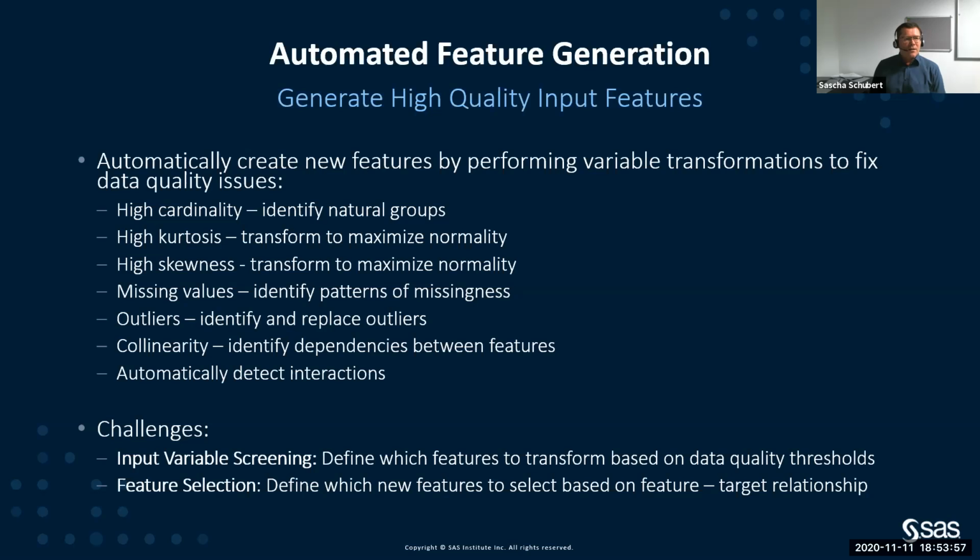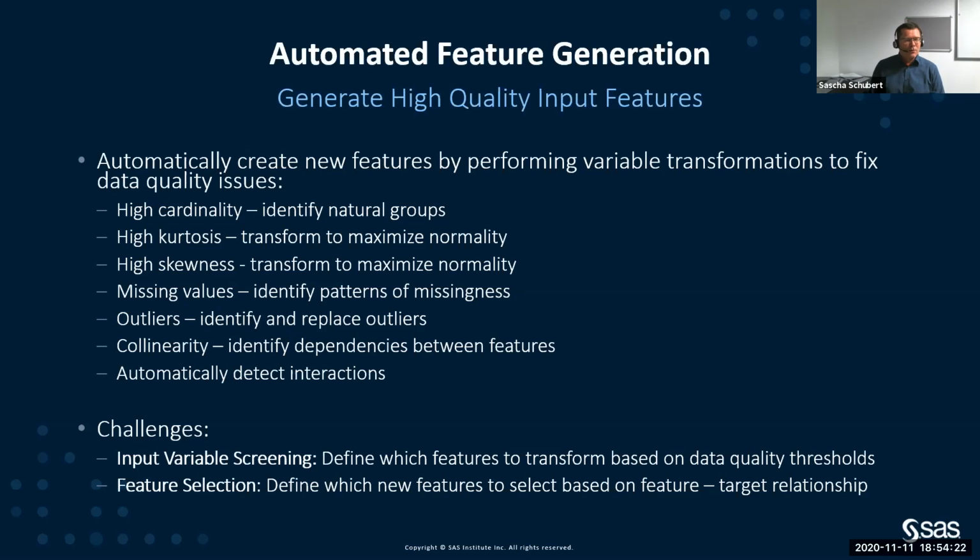So look at high cardinality. If we have a variable that has many, many levels, might it be postcodes or regions in a country, can we identify natural groups in there? Usually many users look at high cardinality and maybe group neighboring levels.